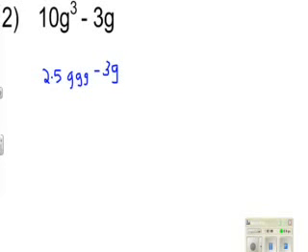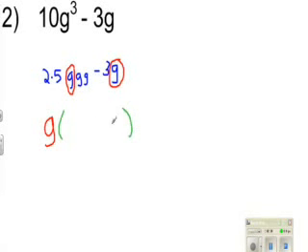Now, when you look at those two terms, you see you can pull out nothing in the constants. These two don't match anything over here, but you could pull out 1g from both terms. So you're going to have a g on the outside. Then, on the inside of the parentheses, you're left with 2 times 5 is 10, g is g squared. And then over here you have a negative 3.